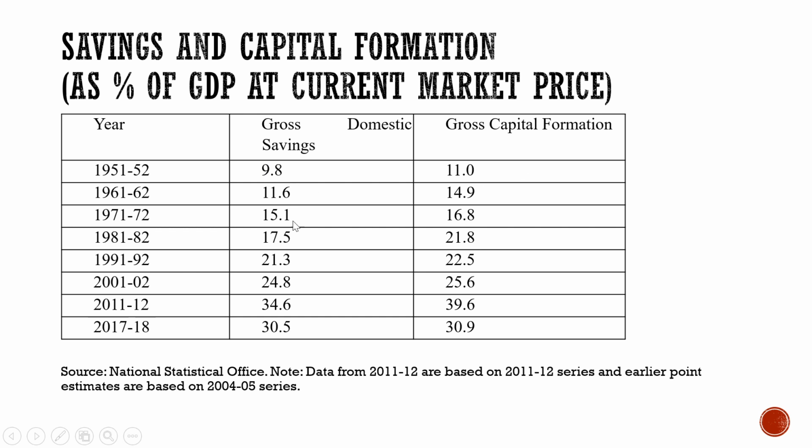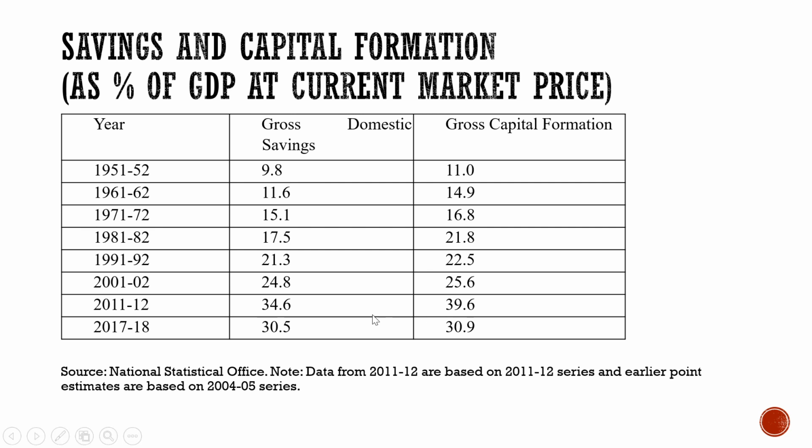And if you see gradually in 2011-12, gross domestic savings become 34.6% of the GDP, and gross capital formation goes beyond that with 39.6%. And this gross capital formation is very important for investment, and with this investment the economic growth would take place.